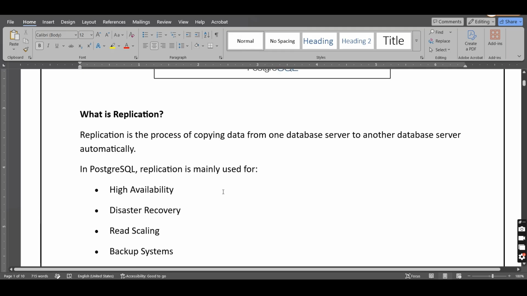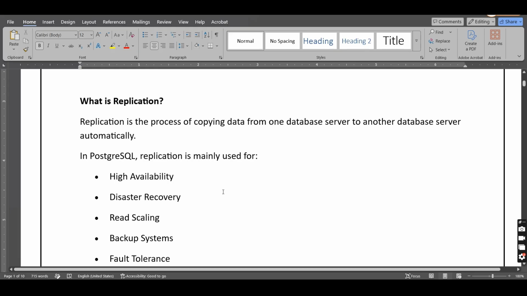Whenever you want to scale your reads, say you want to perform analytical operations and don't want to overuse your primary DB instance, you will perform them on the standby instance.